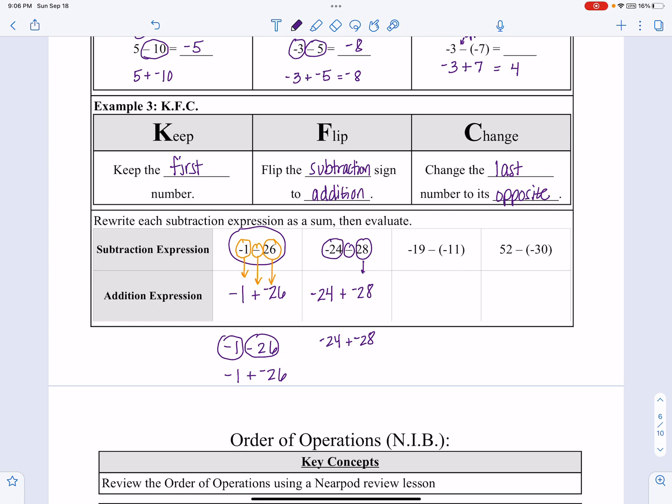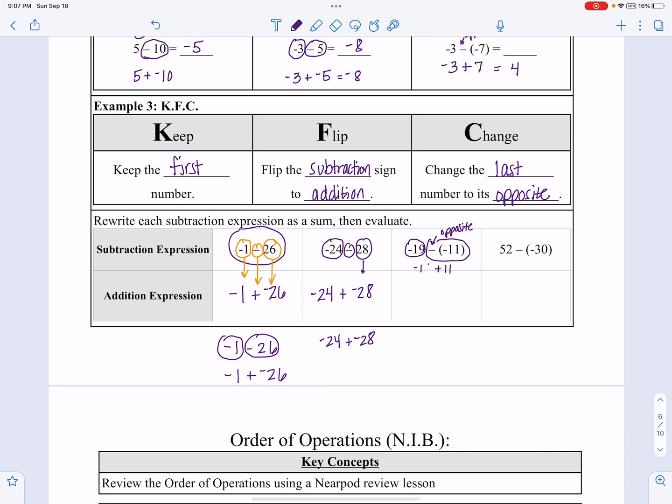We have a negative 19. And remember when we have this weird situation where we have a subtraction outside of the parentheses? What does that actually mean when I see this? If you said opposite, you are correct. So this number here is the opposite of negative 11. What is the opposite of negative 11? The opposite of negative 11 is positive 11.